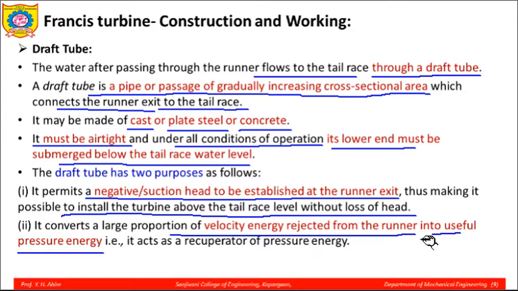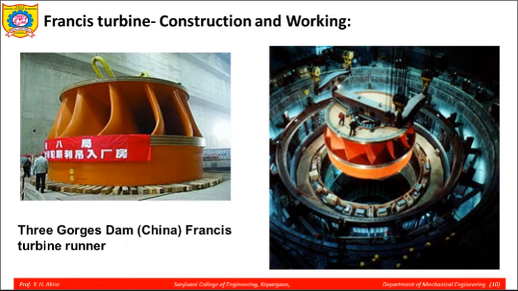So that kinetic energy is converted into useful pressure energy by means of a draft tube having an increasing cross-sectional area, a diverging flow passage. So it acts like a recuperator of pressure energy, because the increasing cross-sectional area acts like a diffuser. So it has a diffuser type of function.